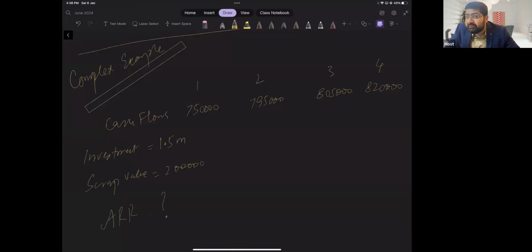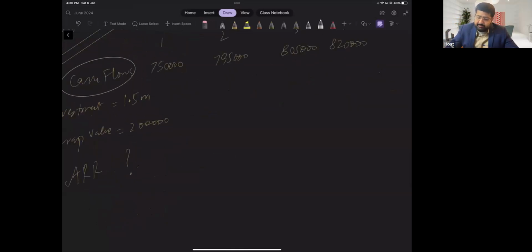Students, listen carefully. They have given cash flows. What do we need? We need profit. In order to calculate accounting rate of return, we need profits. We cannot use cash flows and calculate ARR. Now listen, please. What is the relationship between cash flows and profits?